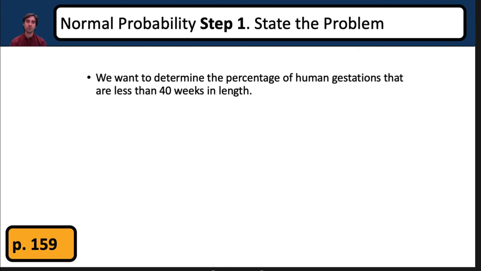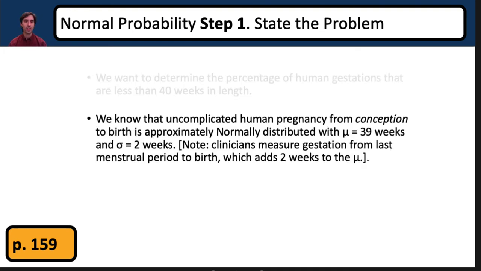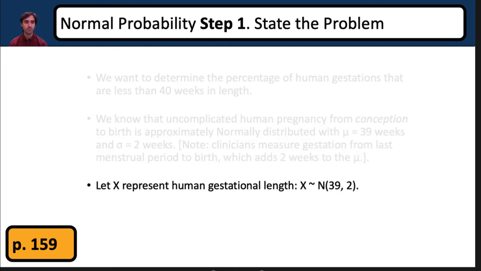Okay, so we want to determine the percentage of human gestations that are less than 40 weeks in length. So we know that an uncomplicated pregnancy from conception to birth is normally distributed at 39 weeks. In other words, the population mean is 39. And the standard deviation of that 39 weeks is 2 weeks. So let X represent the human gestational length.